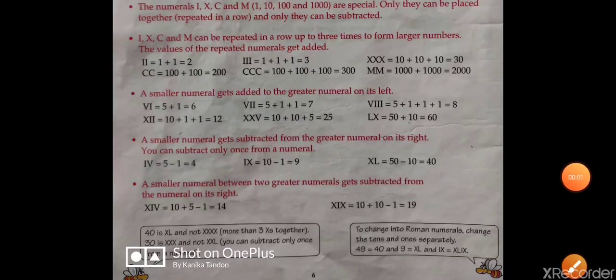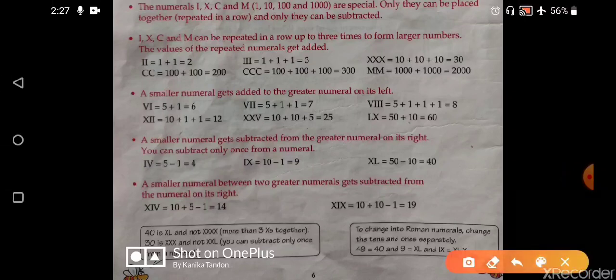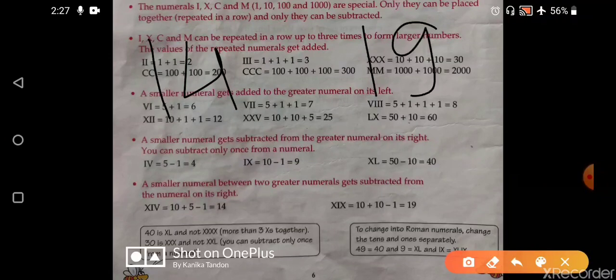And coming to the last rule, the smaller number between two greater numerals gets subtracted from the numeral on its right. Okay, so they have taken an example of number 14 and number 19. So how do we write 14? 10 plus 4, right?